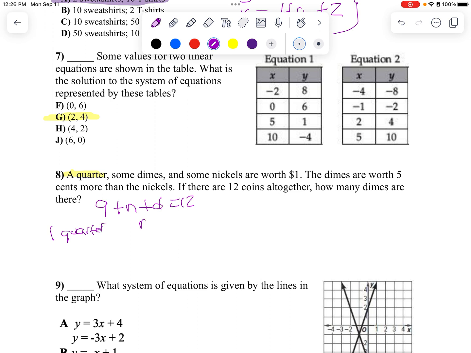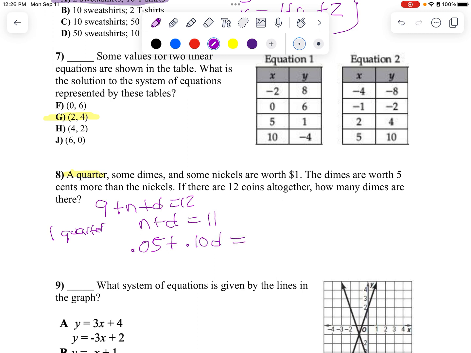So in other words, the nickels plus the dimes are going to make 11 coins. And then I know a nickel's worth 5 cents. A dime is worth 10 cents. Let's put the 0.10 in there, 0.10 times D.